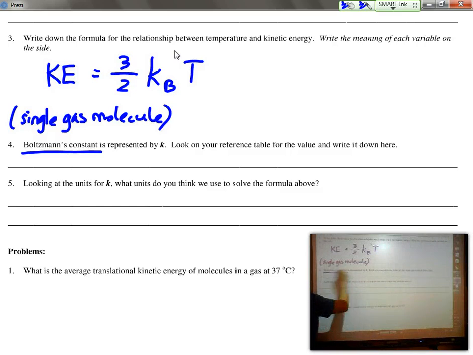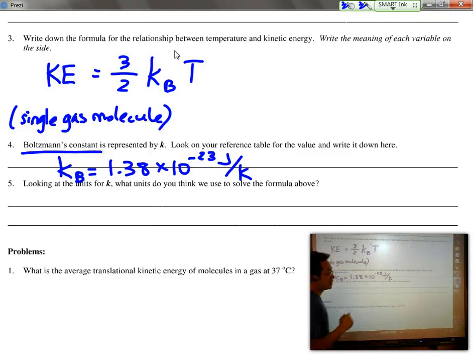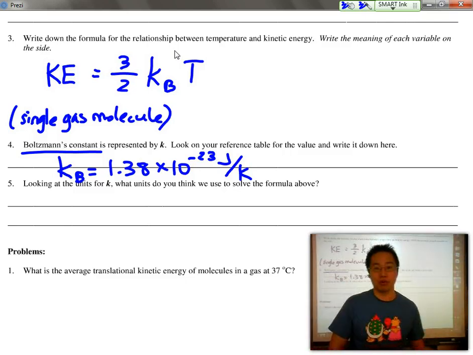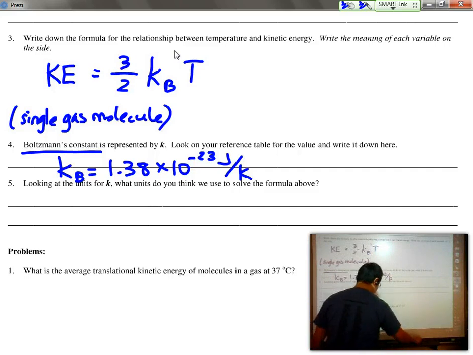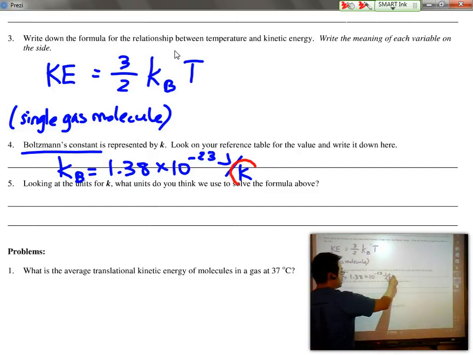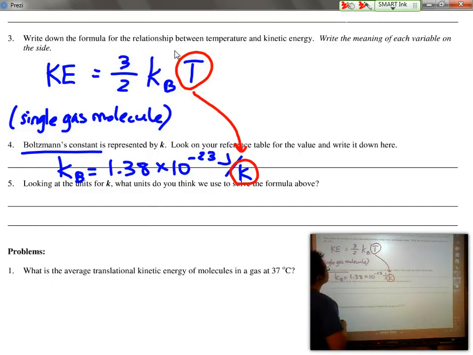The Boltzmann constant is equal to 1.38 times 10 to the negative 23rd joules per Kelvin. That is a value that will always be given to you. Because this is joules per Kelvin, whenever we are talking about temperature, we have to make sure that the unit is in Kelvin as well.